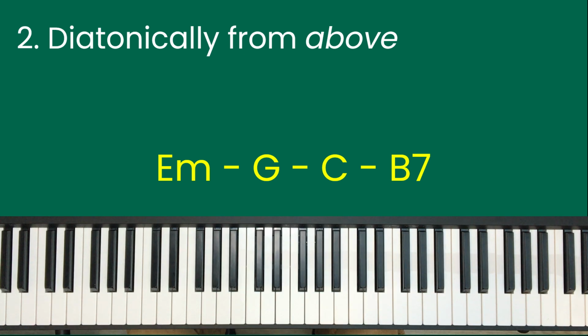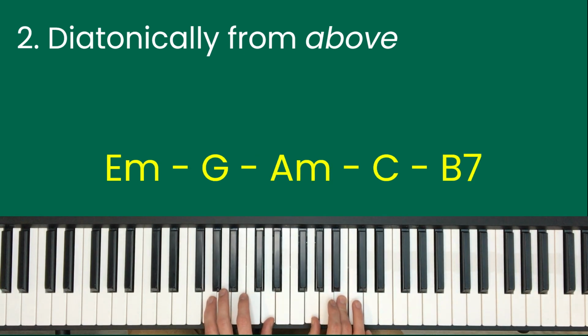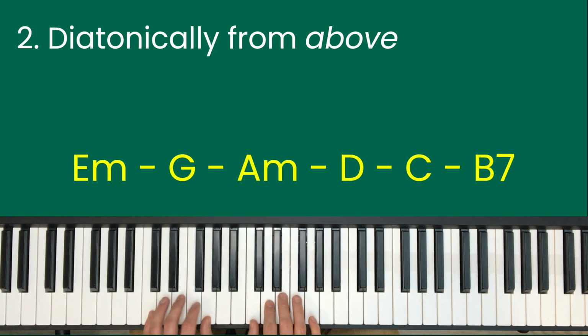Now we're going to look at approaching diatonically from above. So we'll start with our E minor. We're going to approach above, so from this direction to the G, which is our A minor, down to G. Approaching C with the chord from above, that's D major to C. Then approaching B7 with the chord from above.